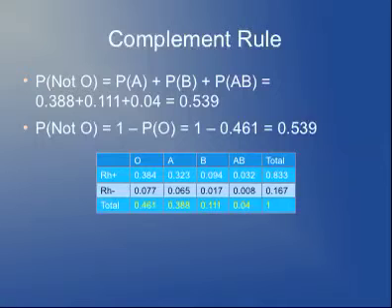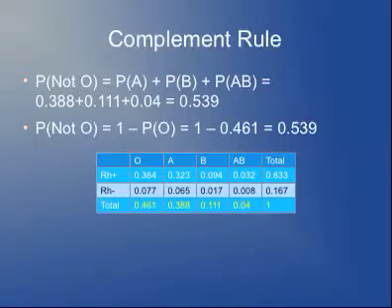the probability of not having type O blood, that's obviously equal to the sum of the probabilities of having any blood type other than O, so the probability of A or B or AB. Once again, those three events are disjoint, so to find the probability of A or B or AB, you can just sum the individual probabilities.